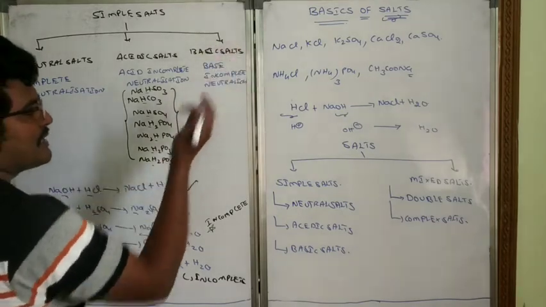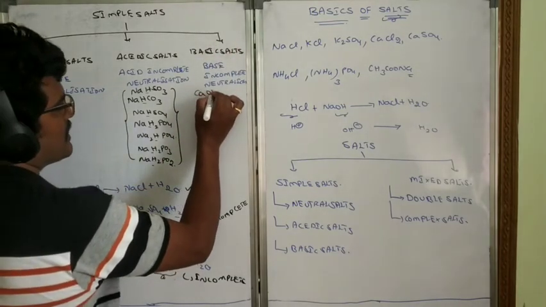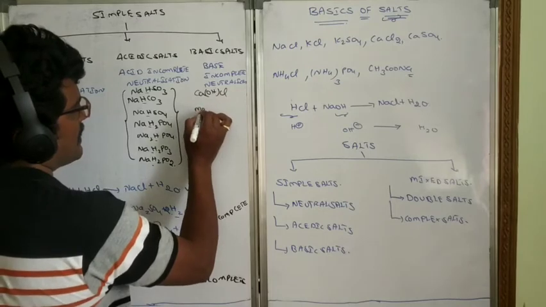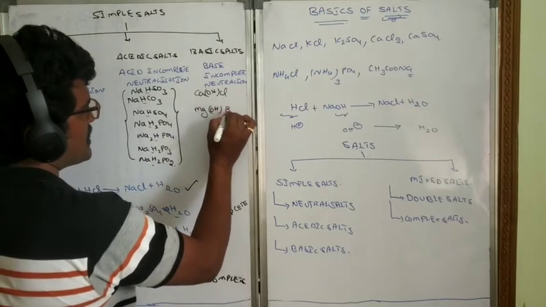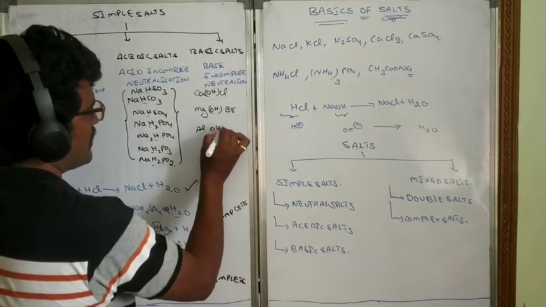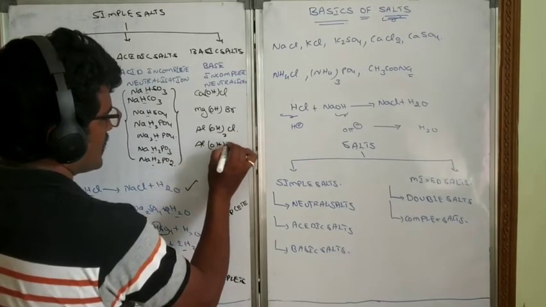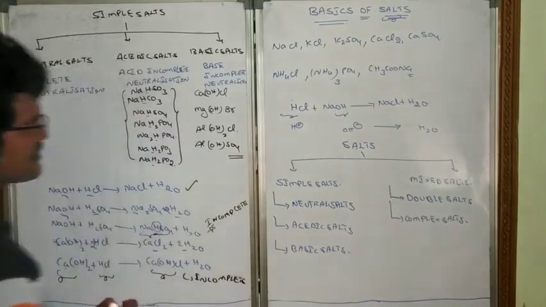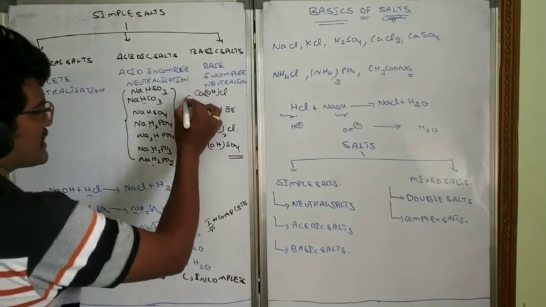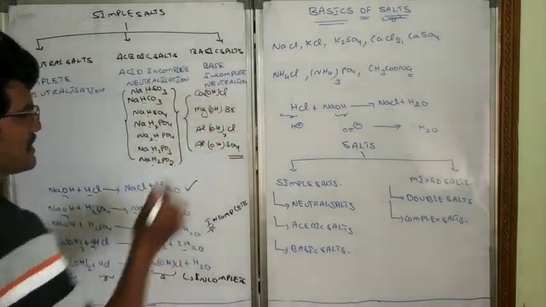Next you see basic salts. Examples are Ca(OH)Cl, Mg(OH)Br, Al(OH)2Cl, Al(OH)SO4. Like this we can have different salts which will be basic in nature.